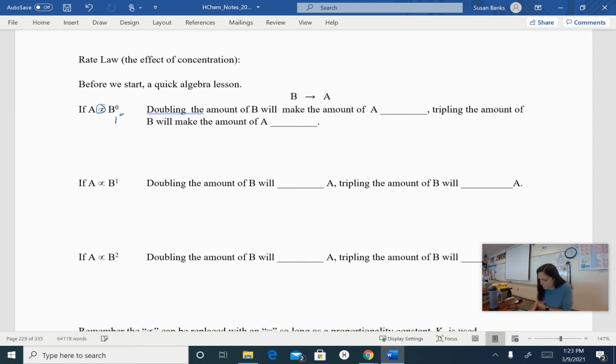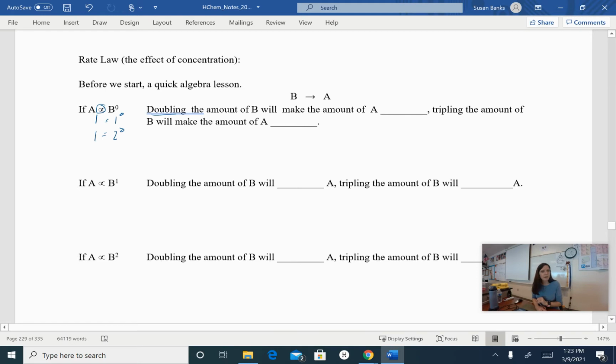If I have 1 to the 0 power, what would that be? That would be 1, right? So let's double that. If I have 2 to the 0 power, that is also 1. So if I double the amount of B, it makes the amount of A constant. It doesn't change.